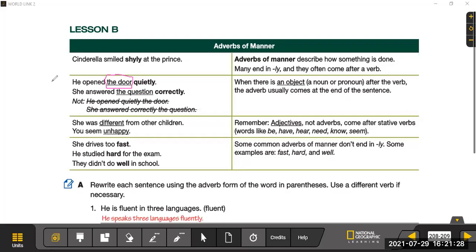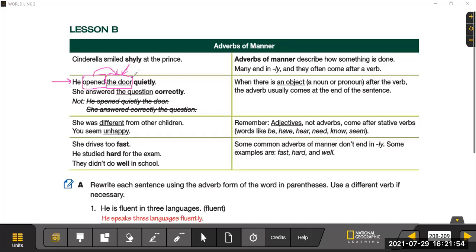For example, in this sentence, I am talking about he opened, and what did he open? The door. So the door is the object because it is receiving the action. He opened the door. It is receiving the action of the verb. We can use a noun or we can use a pronoun also.